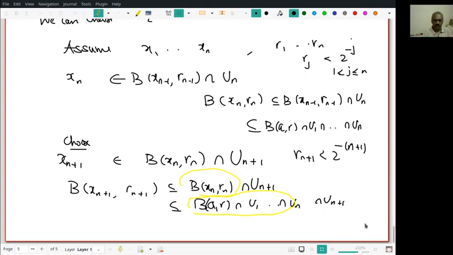So by induction we have selected a sequence xn so that xn belongs to B(xn minus 1, Rn minus 1) intersection Un, and there exists Rn so that Rn is less than 2 to the power minus n, and B(xn, Rn) is contained in B(xn minus 1, Rn minus 1) intersection Un, but that in turn is contained in V intersection U1 intersection U2 intersection Un. I am not going to write that. Please pause, review, and proceed.